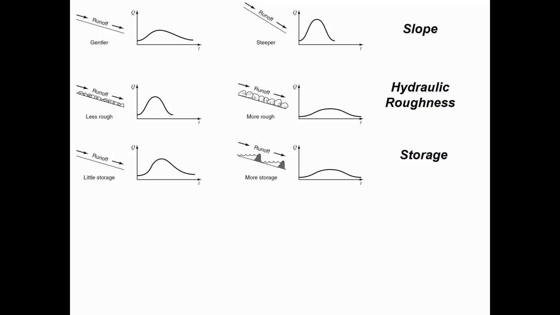There's some big enough storm that maybe we wouldn't notice the difference between less rough and more rough. So each one of these could be overwhelmed by just that 500-year storm. But as a general trend, the more storage you have en route between the watershed and its destination, the delay and the reduced peak is what you'll observe.